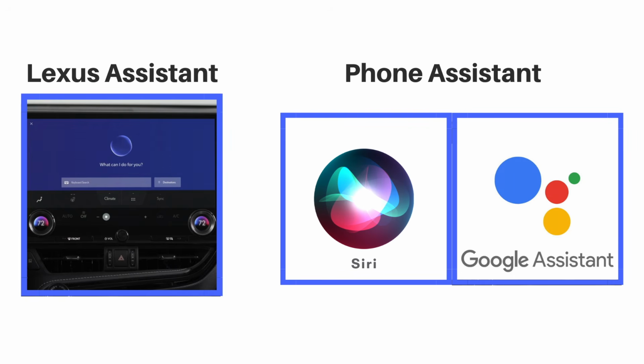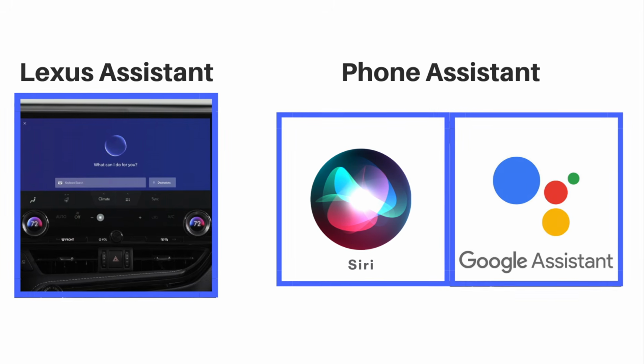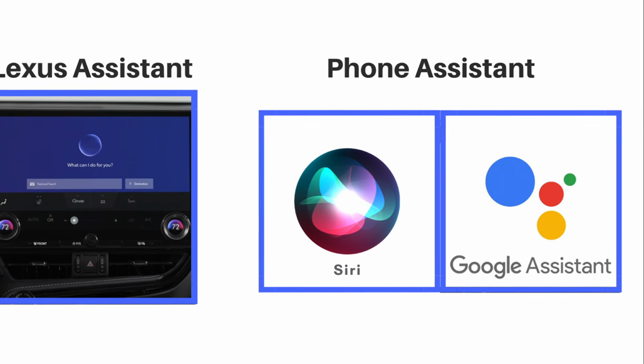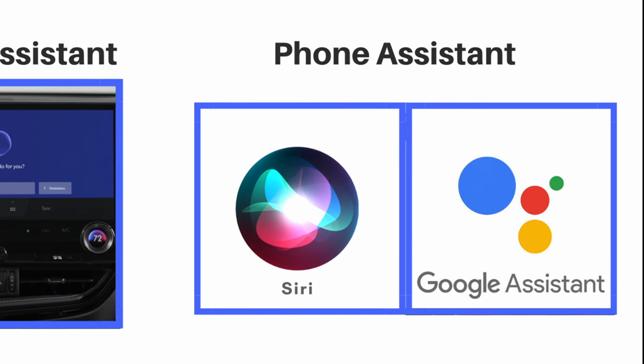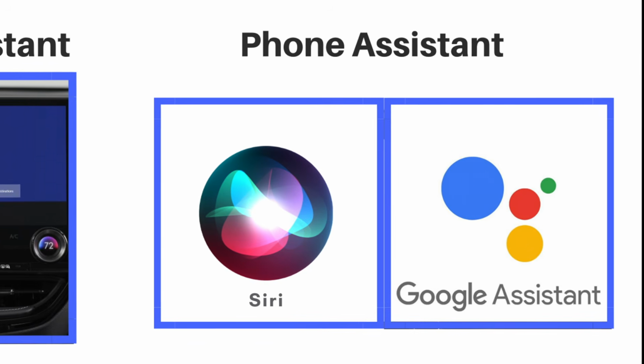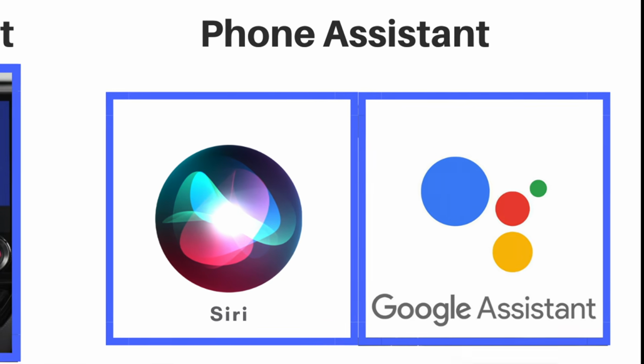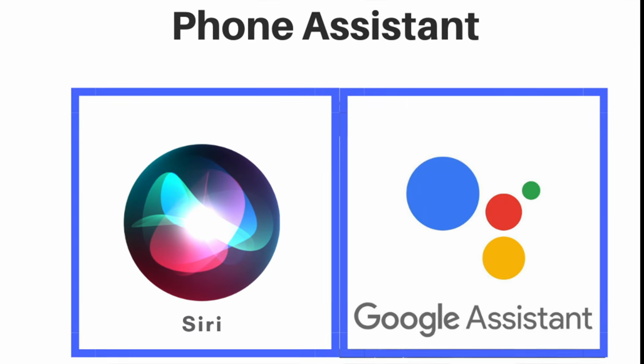The most important thing to know about voice commands on this system is that there are two separate voice command assistants, your phone's assistant and the vehicle assistant. You're going to use your phone's assistant, so Siri or Google, for phone-related things like making calls or sending texts, or even using a navigation app like Apple Maps, Google Maps, or Waze.